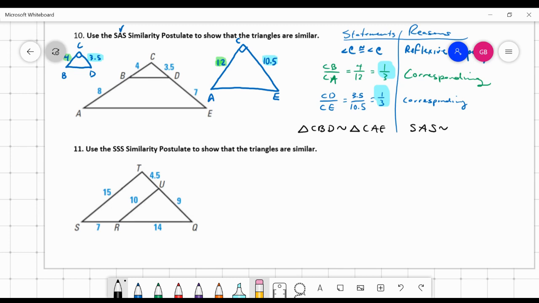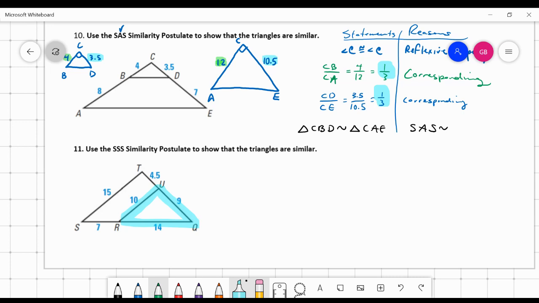And last one, number 11, we're going to use the side side side similarity postulate to show that the triangles are similar. Again, I'm going to separate the triangles. Well, we can see the smaller triangle here. That one's easy to see.